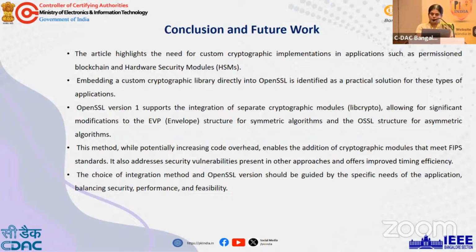The method, while potentially increasing code overhead, enables the addition of cryptographic modules that meet the FIPS standards. It also addresses traditional security vulnerabilities present in other approaches and offers improved timing efficiency. The choice of integration and the OpenSSL version should be guided by the specific needs of an application, balancing security, performance, and feasibility.